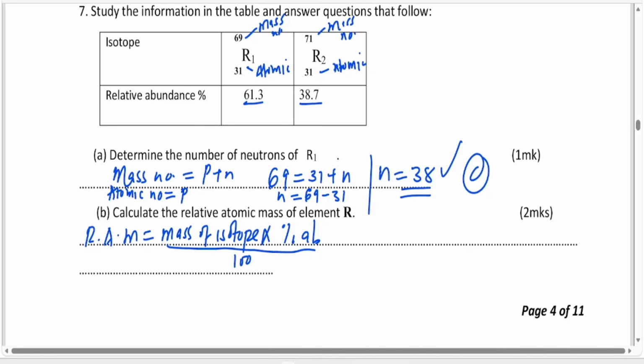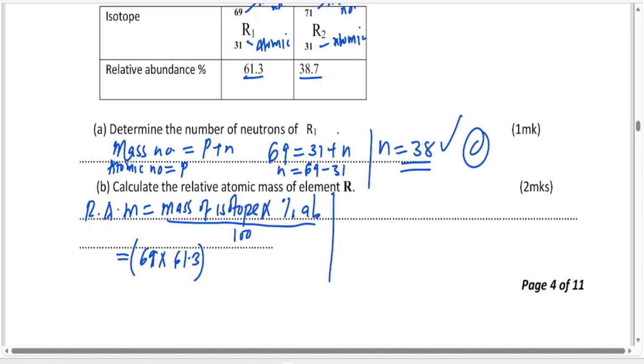But now, because we have two isotopes of R, we need to add the two to determine the relative mass. So the relative mass is given by the mass of isotope R1, which is 69, multiplied by its abundance, 61.3. That is specifically for the first isotope. Then plus the other isotope, which is 71, multiplied by its percentage abundance, 38.7.